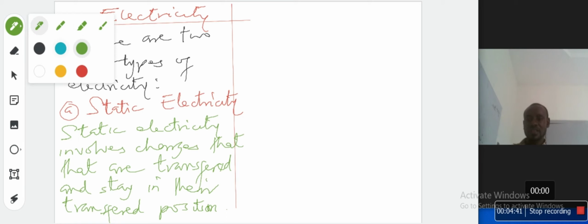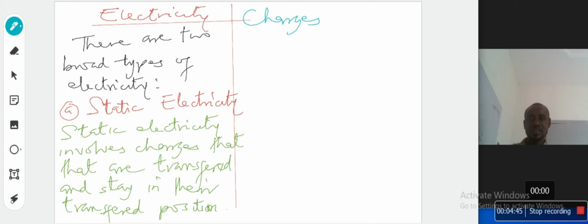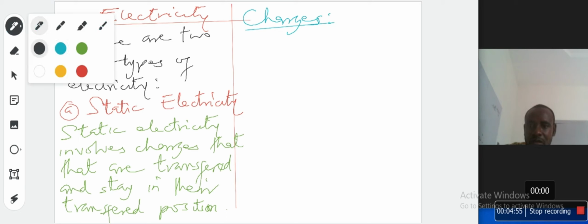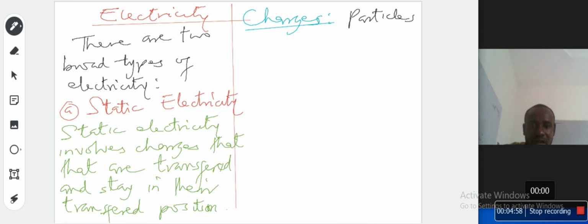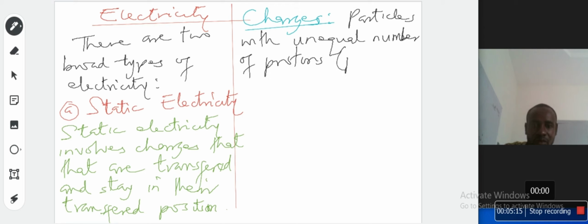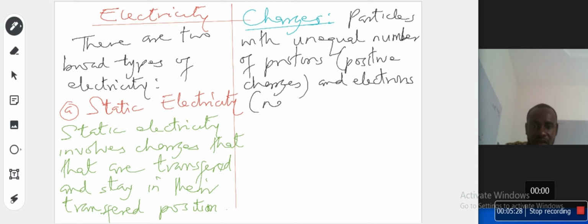And of course, I define charges as particles with unequal numbers of protons (positive charges) and electrons (negative charges).